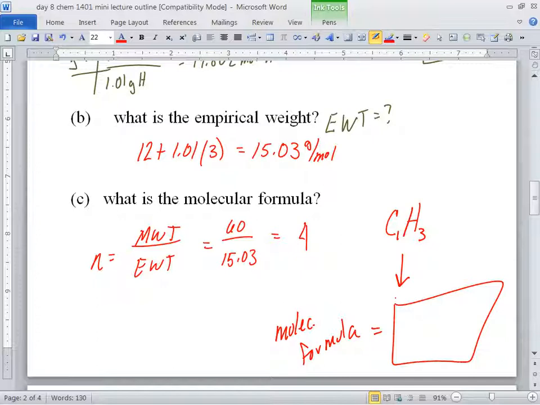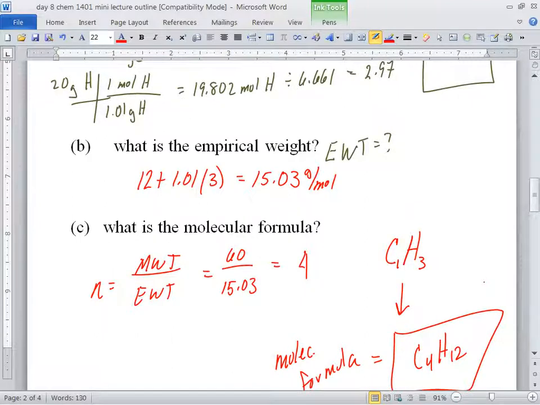If my empirical was C1H3, I'm off by a factor of 4. So it wouldn't be C1 anymore. It would be C4H12. There's my answer. C4H12. Okay. So we're okay with that?